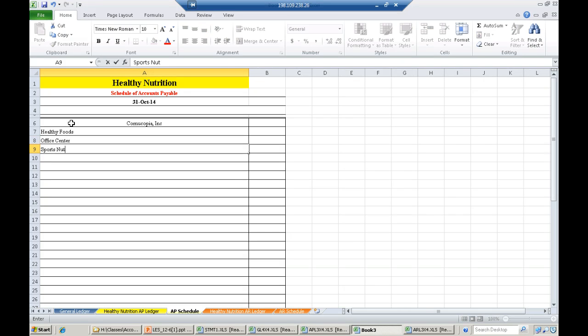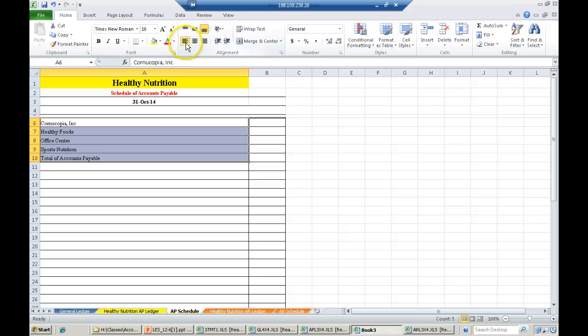And our total. Let's go ahead and make sure that these are all left aligned here. And let's go ahead and bold the totals so that we know this is the amount that we're really looking for.